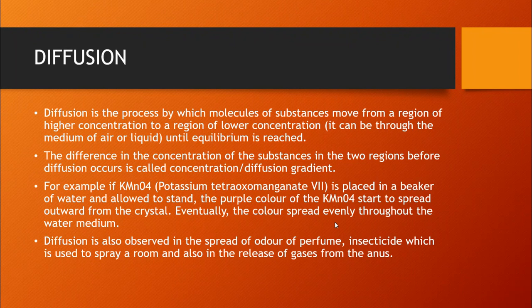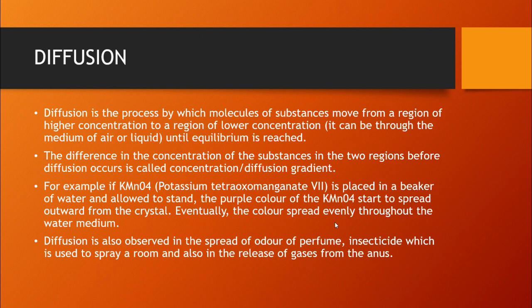Look at that definition. Diffusion is the movement of molecules from a region where they are more to a region where they are lesser. Do you get my point? In the sense that you spray perfume in one corner of a room.